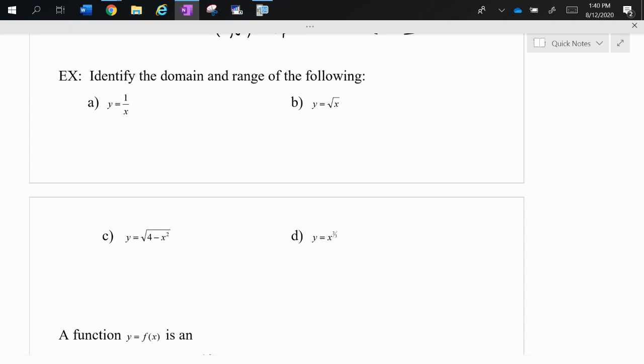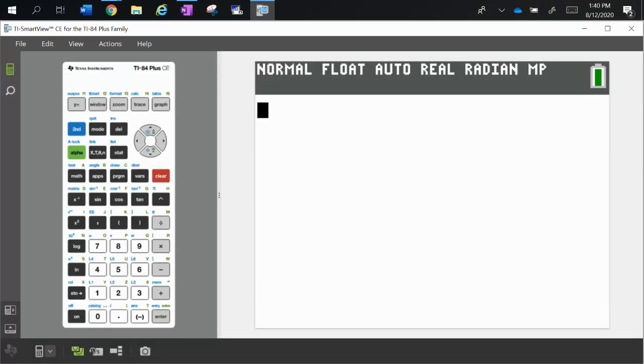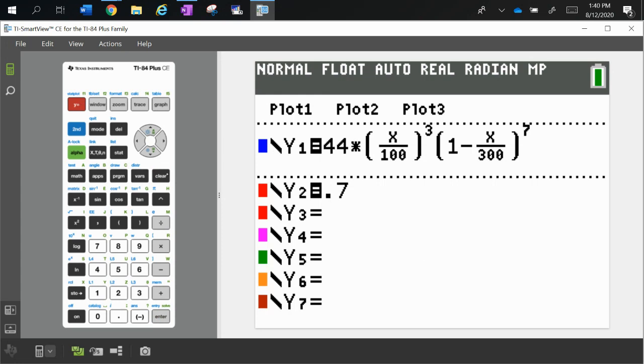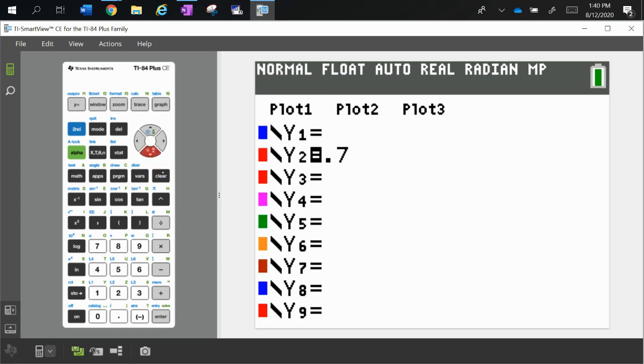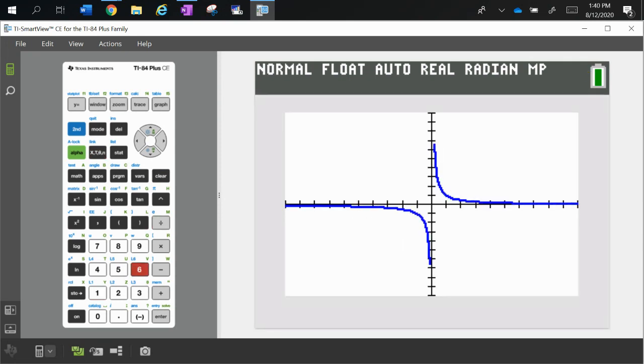If we go to our calculator, even though I'm thinking that you should be able to recognize this without a calculator, I look at 1 over x and I see there, okay, we remember that we have a vertical asymptote on the y-axis. We also have a horizontal asymptote on the x-axis. So we would want to say that we cannot include 0 for x, and we do not want to include 0 for y.